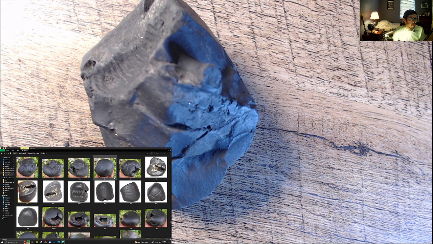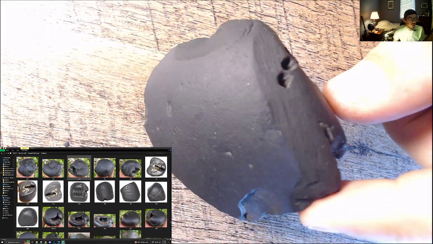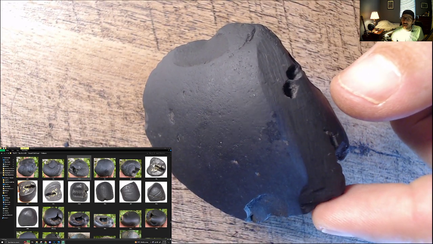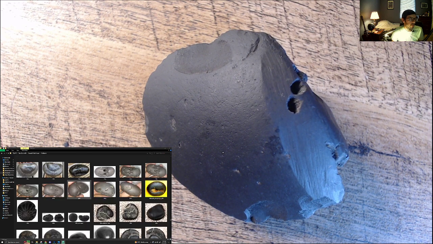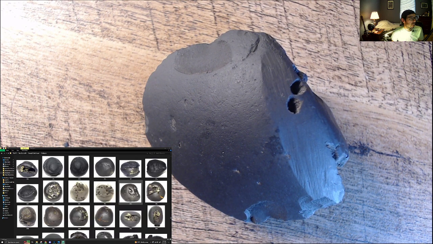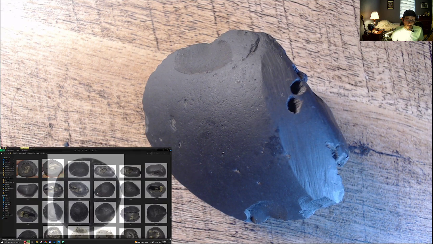Could this be a top section? Right here. Sorry if it's hard to see what I'm doing. I think this is the one I was looking for.